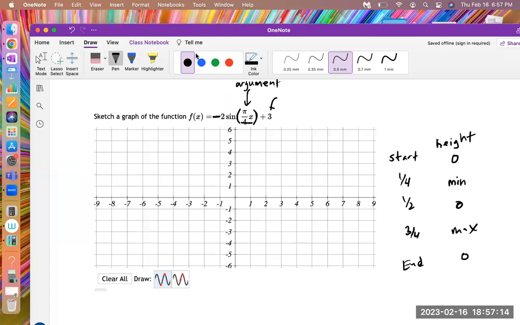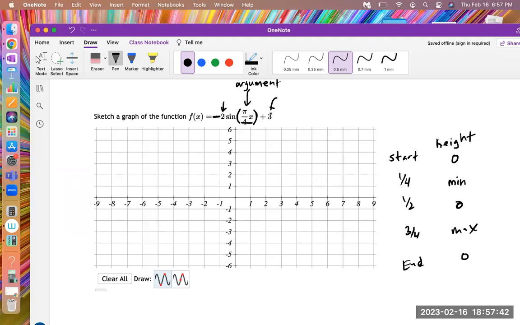And this 2 in the front means that the min and max values, instead of being at 1 and -1 as in a basic sine graph, are going to be multiplied by this 2, and then you would add this 3 as well to find the final y value.